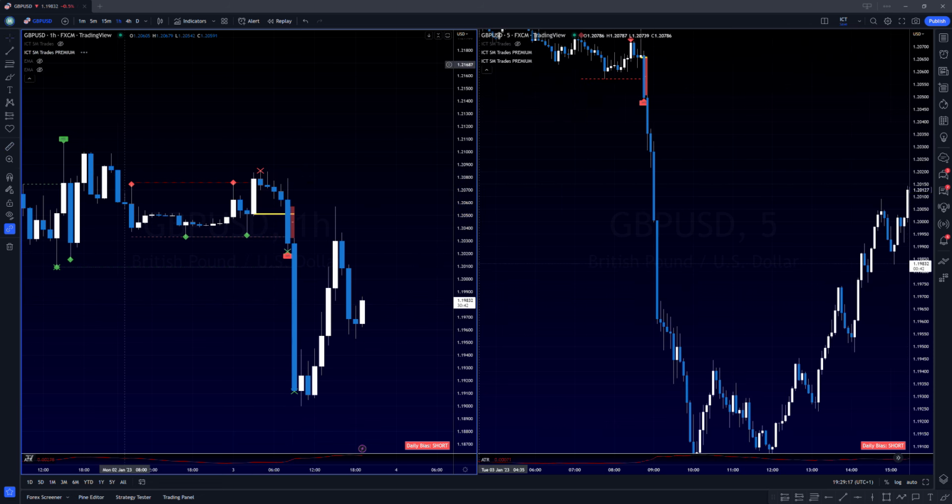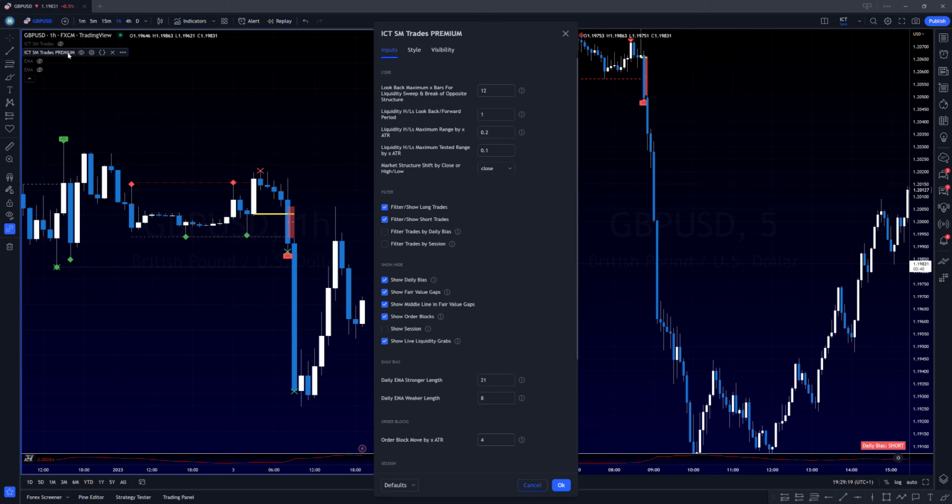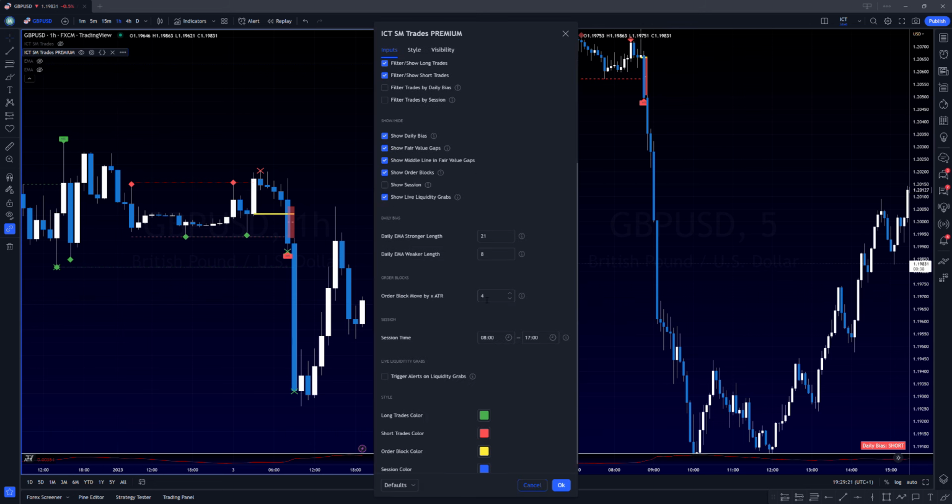We will see. Oh, it is. So if I set it to 8, what is the ATR? It is 0.00195. So multiply it by 8.